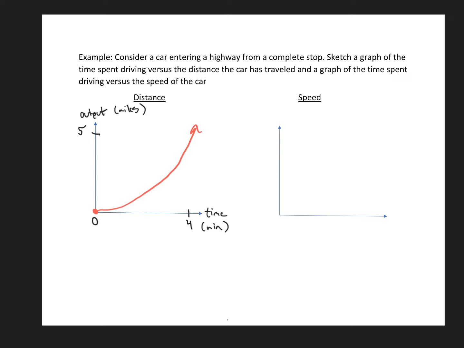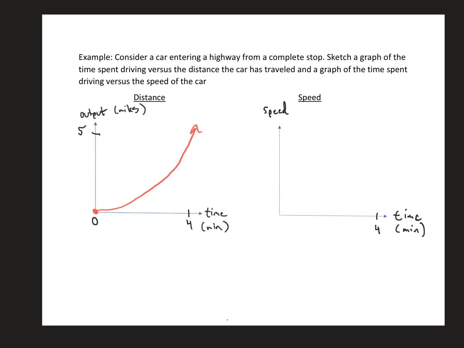Let's consider the same input axis, time, from 0 to 4 minutes. But now we're changing our output. Our output is speed, how fast the car is traveling.